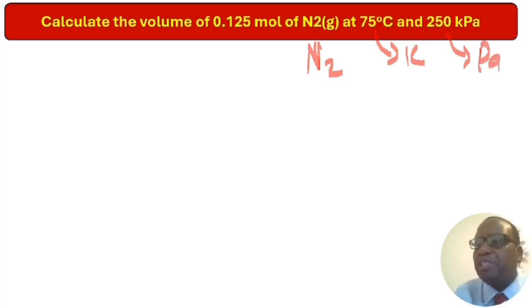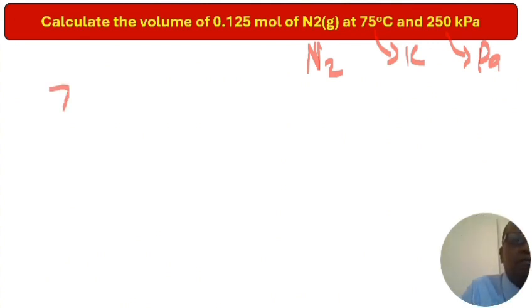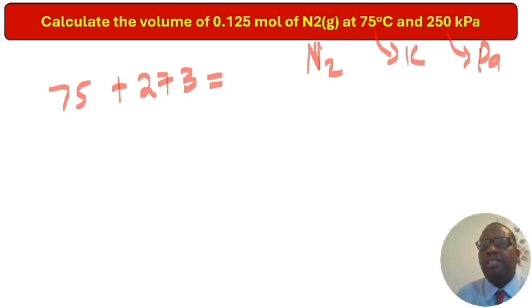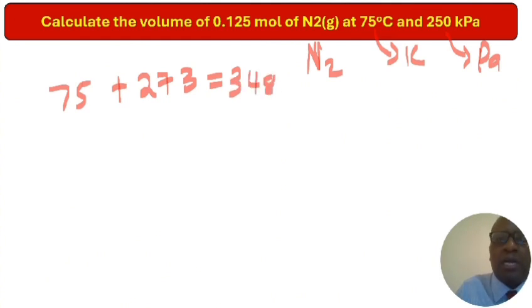How do we convert 75 degrees to kelvins? So 75 plus 273, what do we get? You need your calculator for this. You get 348 kelvins. So your temperature is done.